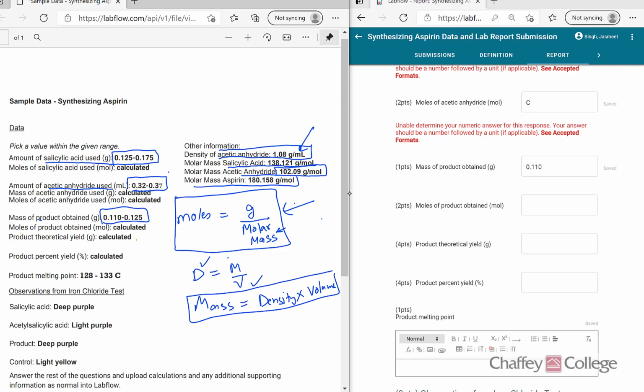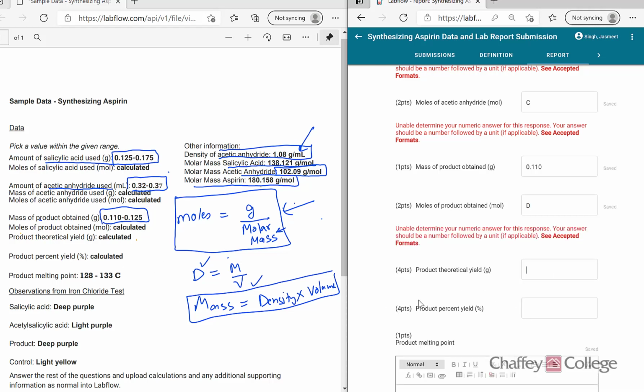That's 180.158. So using the formula, we can calculate moles of our product to be 0.110 divided by 180.158. So the answer to this should go here. I'm going to assume the answer is D. So that should be the value here.